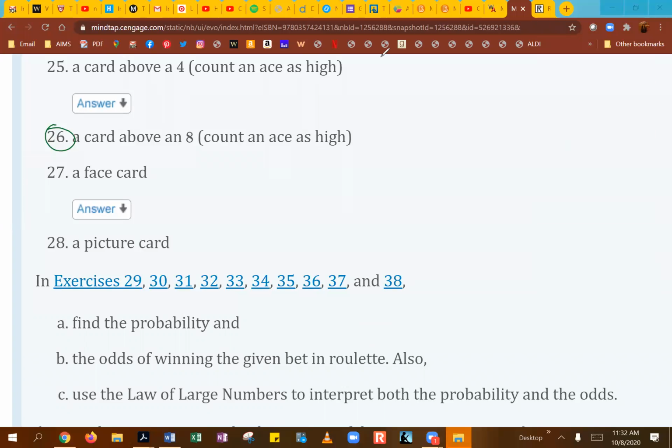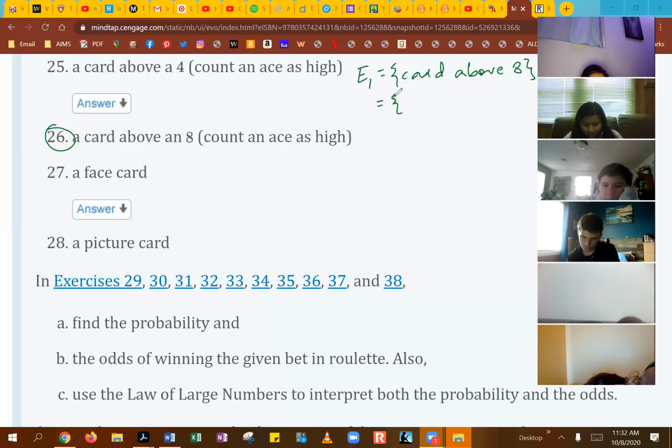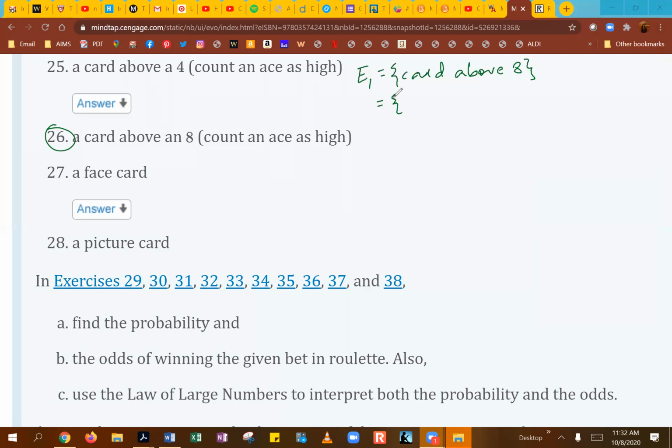So our event, we can describe it as a card above 8. So what do you think that sample space will end up looking like? Or sorry, the event will end up looking like? Yeah, because a card above an 8 would be your 9, 10, the Jack, Queen, King, and since they're saying use the ace as a high, that would of course also be going as a high card.